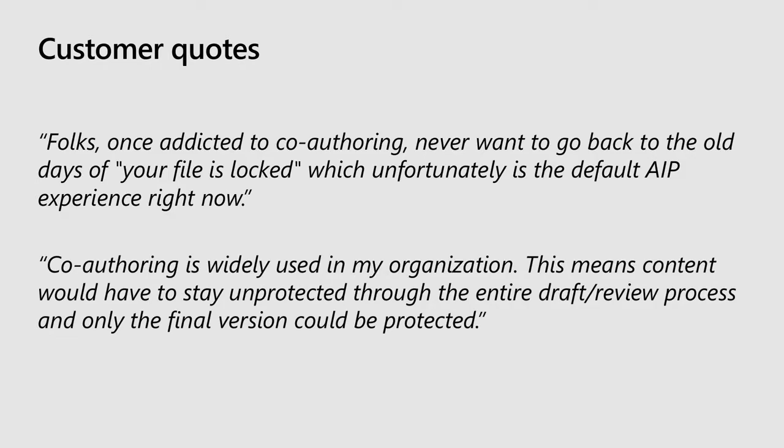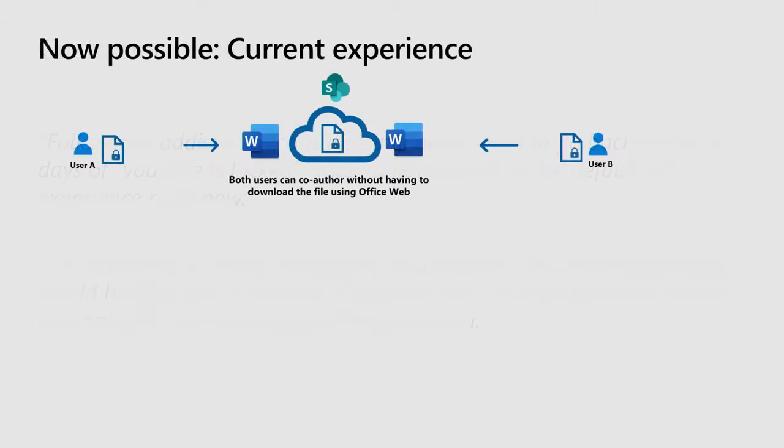Customers made it clear to us that they didn't want a choice between productivity and security; they wanted both. So what can we do today? Today, user A can protect that same document and upload it to SharePoint Online. User B can now go and edit, co-author, view, and do anything they can on any other document in the online experience. So what do we support?